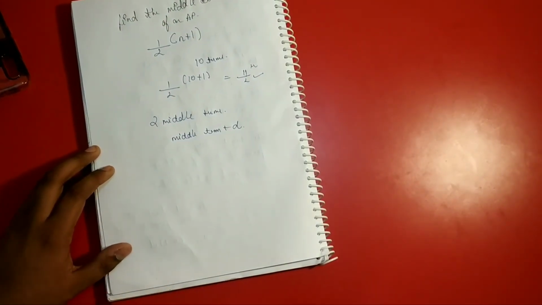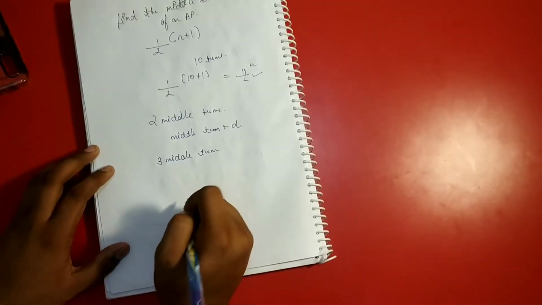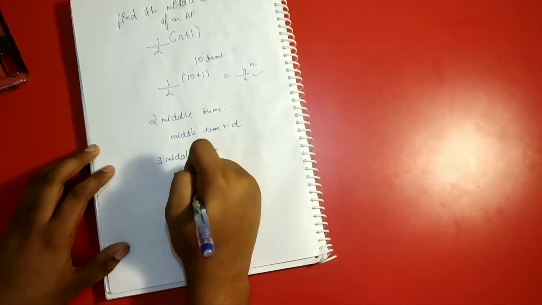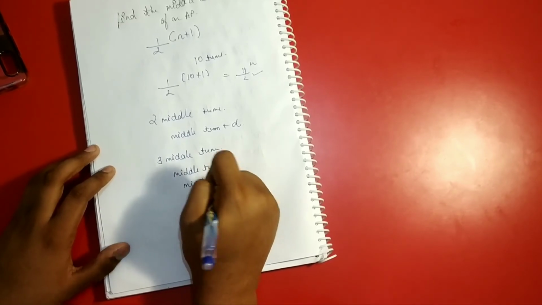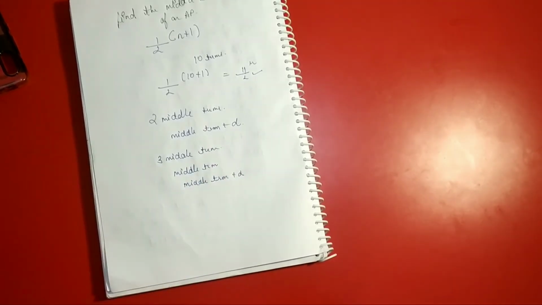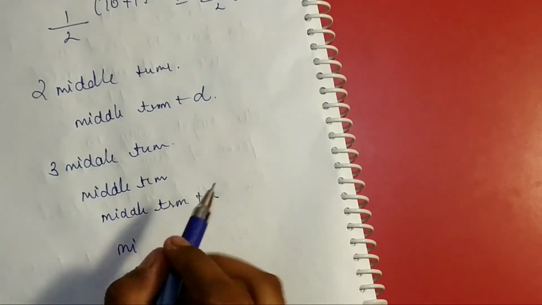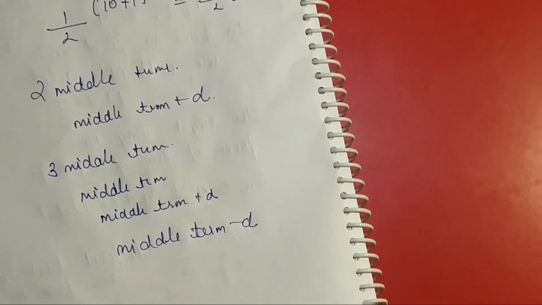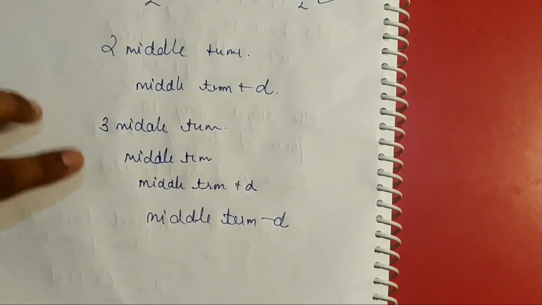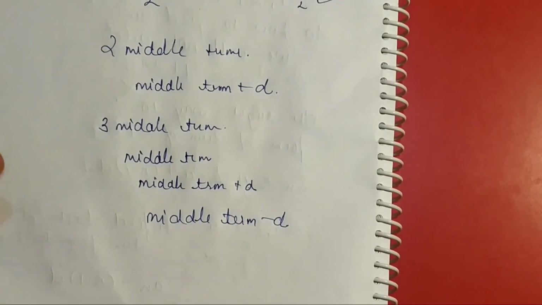And to find three middle terms, first is your middle term, then the second will be the middle term plus d, which is one term succeeding the middle term, and the other will be the middle term minus the common difference, which means one term preceding the middle term. So that's all the formulas for arithmetic progression.